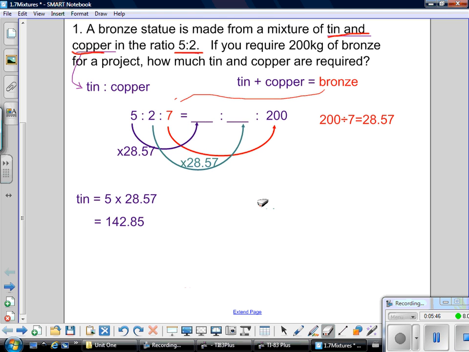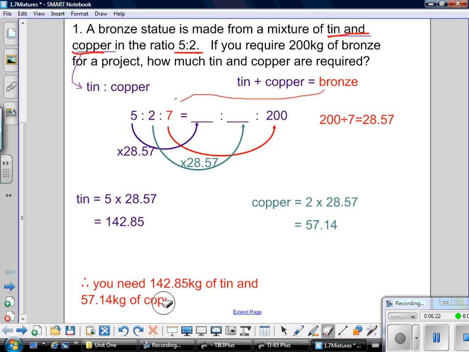The same is true with the copper: I take its ratio of 2 and multiply it by 28.57, and I end up with 57.14. This question is different in the sense that they're taking the ratio and creating something else. We're almost finished. I have to put a therefore statement. Therefore, you need 142.85 kilograms of tin and 57.14 kilograms of copper.